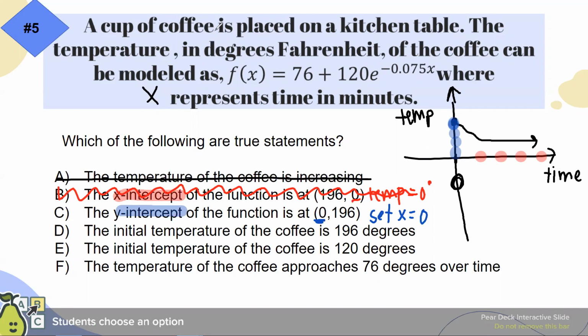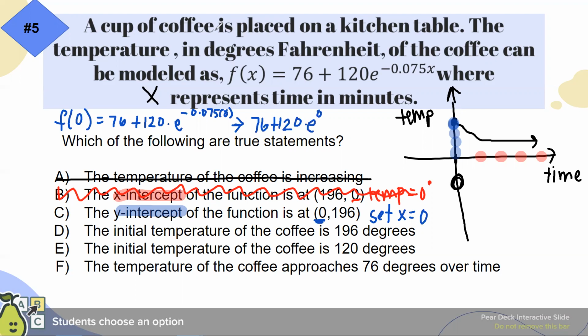So if we plug 0 into our function, f of 0 is equal to 76 plus 120 times e to the negative 0.075 times 0. Anything times 0 is just 0, so we have 76 plus 120 times e to the 0 power.